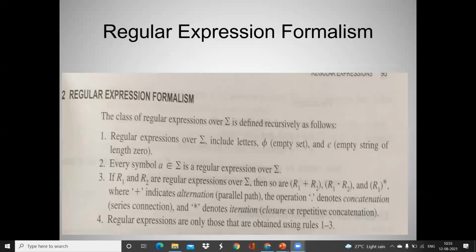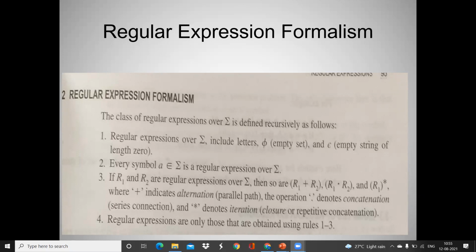So regular expressions will use the symbols which are there in the input alphabet, and can include the empty set and empty string. Every symbol in the input alphabet can be used as a regular expression. And if there are two regular expressions R1 and R2, then R1 plus R2, R1 R2, and R1 star also denote regular expressions.